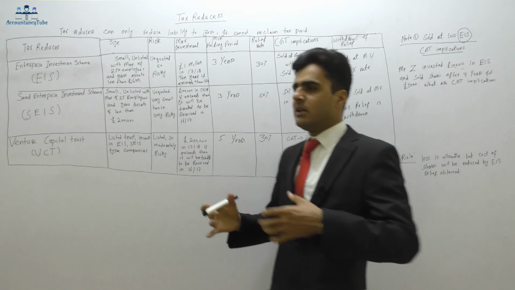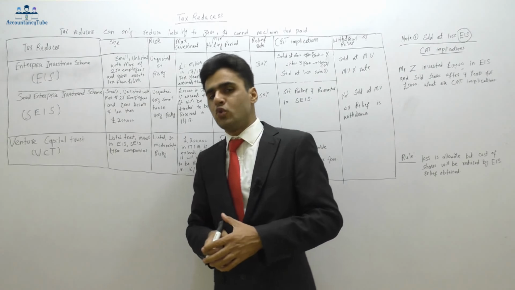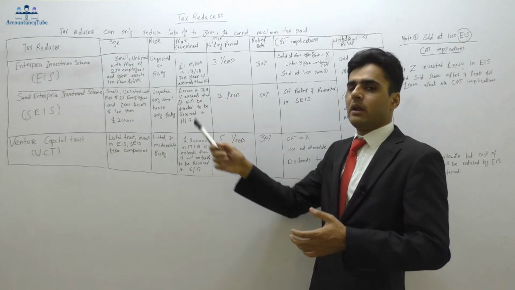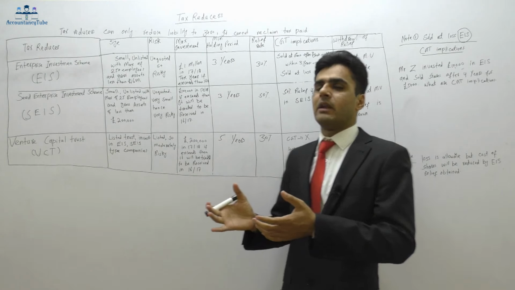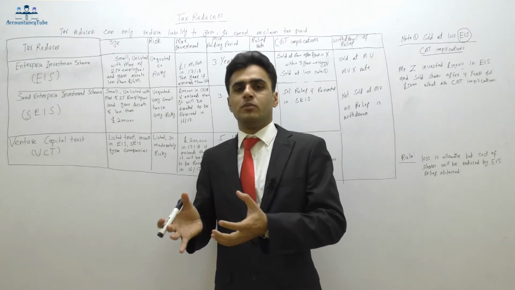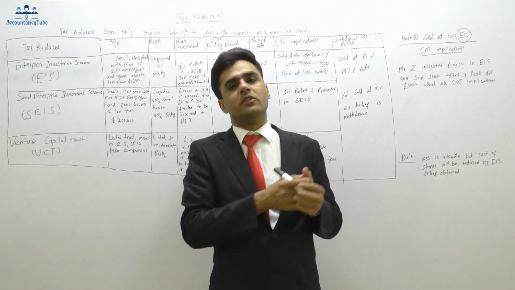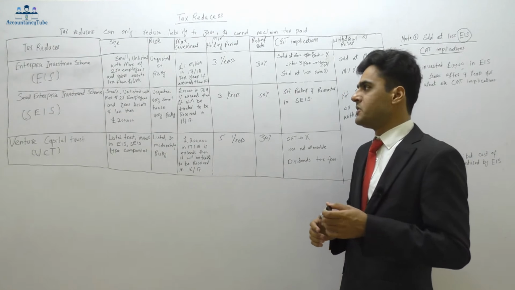However, if I have exceeded £1 million, say for example I've invested £1.2 million in the current tax year, then only £1 million will be relieved in the current tax year. The other £200,000 will be assumed to be invested in the previous year, so the relief will also be given in the previous year. The previous year was 16-17 because the current year is 17-18.